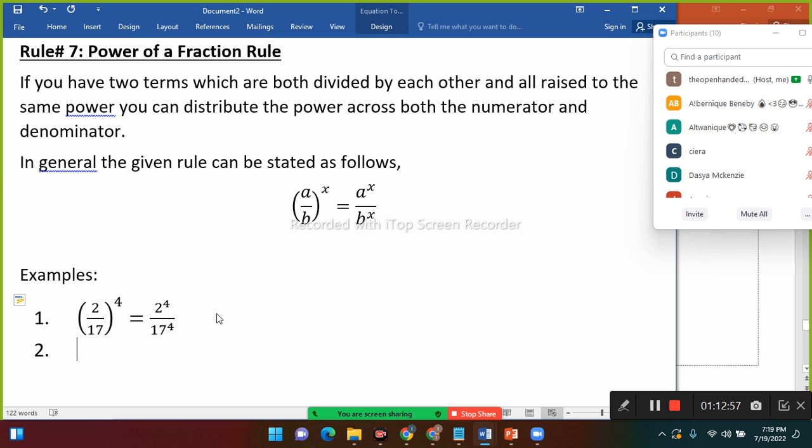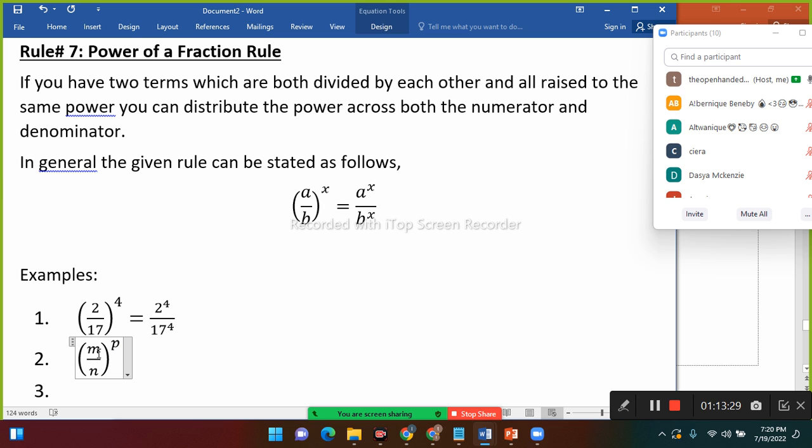Okay, so let's apply it if we have letters. What happens if we have m over n, all to the power of p?